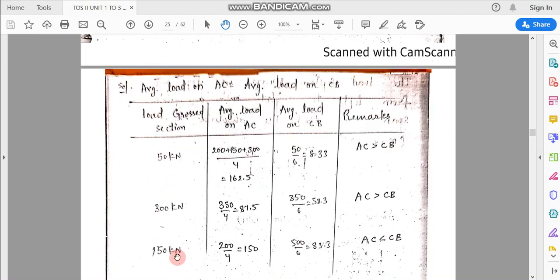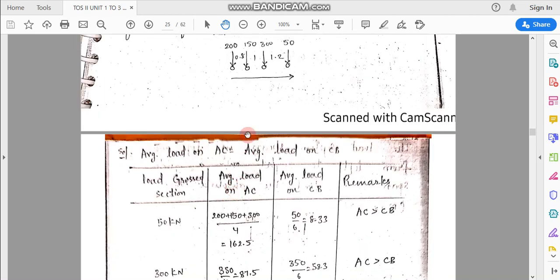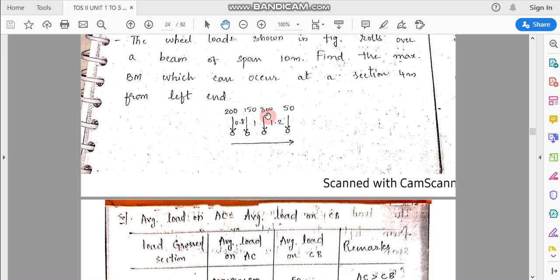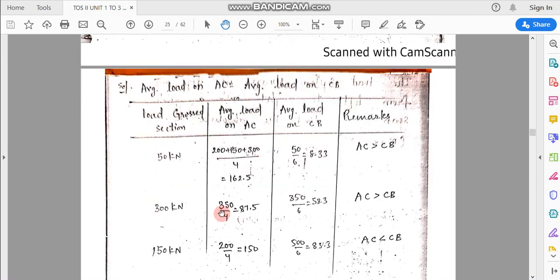So in the next case, we'll go for 300 kilonewton. After 50 kilonewton, 300 kilonewton will cross the section. So 300 plus 50 will be 350 by 4, and 350 divided by 6 is 58.3. So again AC is greater than CB.